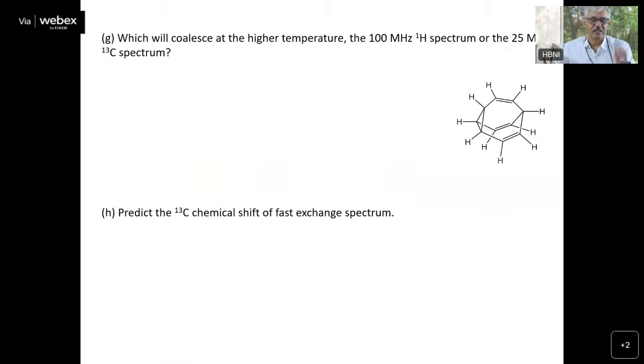Now, the next question in the same problem: which will coalesce at the higher temperature, the 100 megahertz proton NMR spectrum or the 25 megahertz carbon-13 spectrum? So how will we find that out? What you have seen for proton, what is the maximum delta difference for 1H?